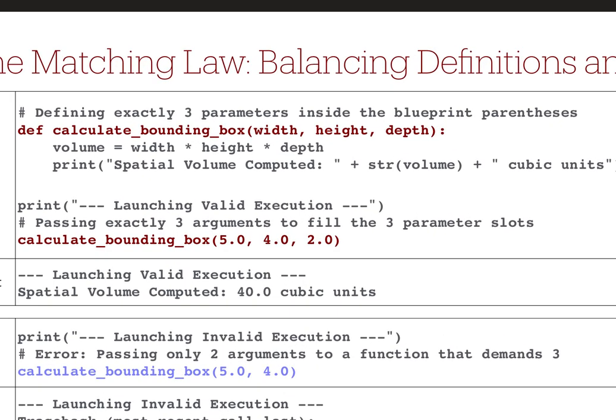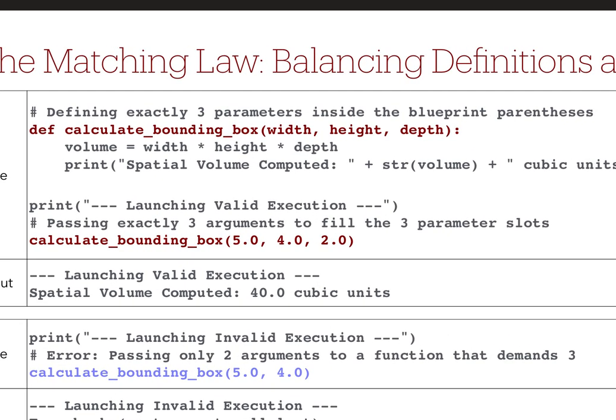So if I have a function with 3 parameters, then when you call this function, you must provide 3 values. In theory, I need to provide 3 values. Then the first number, 5.0, will be given to the first parameter, width, in this case.